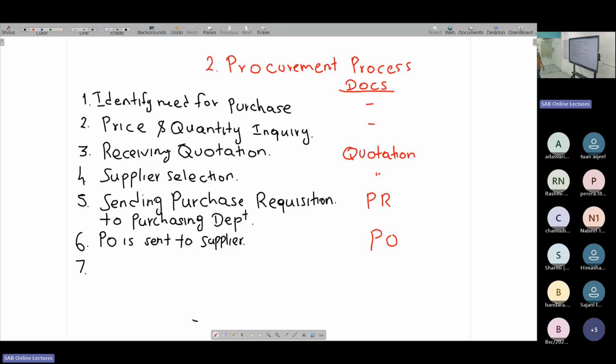Supplier selection, no document involvement. Sending purchase requisition, PR, the purpose is a request for purchasing items. A request is made for purchasing the items.